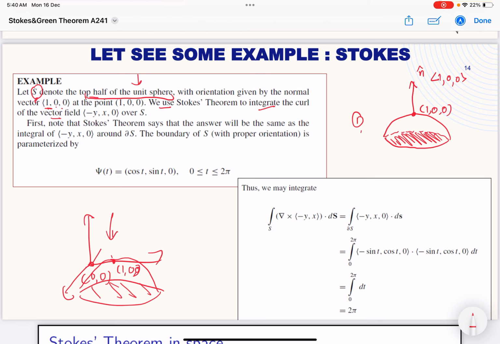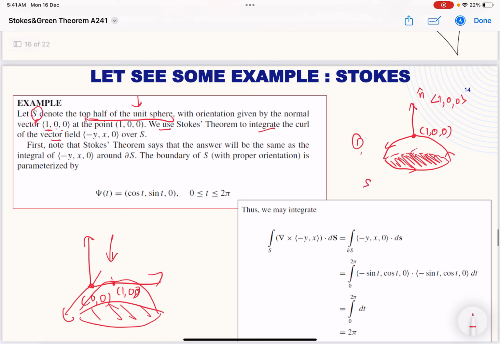So for the half unit sphere, you have the domain of 2 pi. So everything here is 2 pi, something like that. Everything should be in the circular part. So you have the domain of S from 0 until 2 pi, because it's spherical.